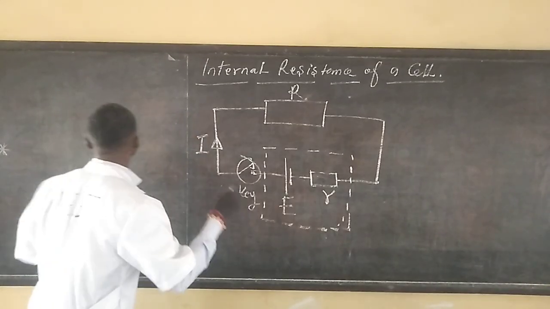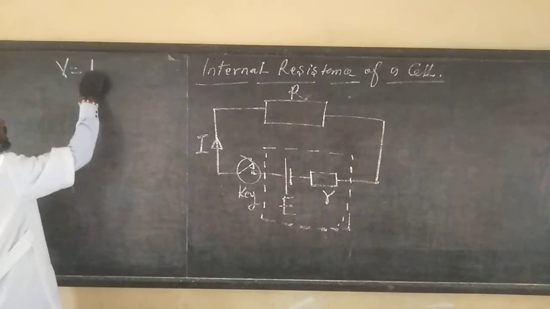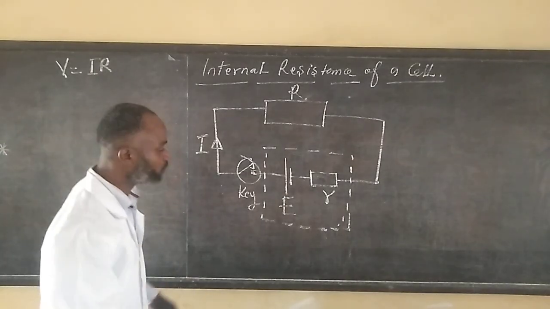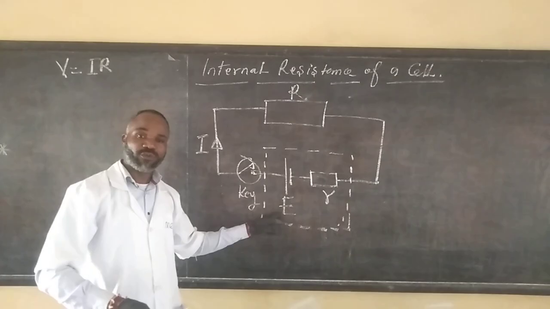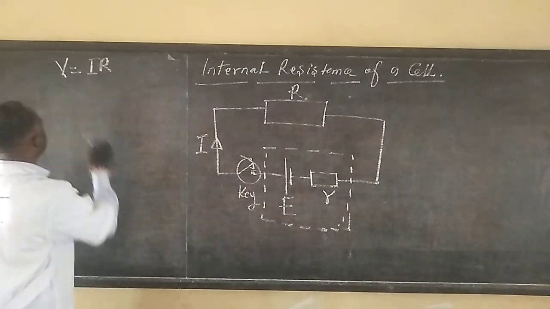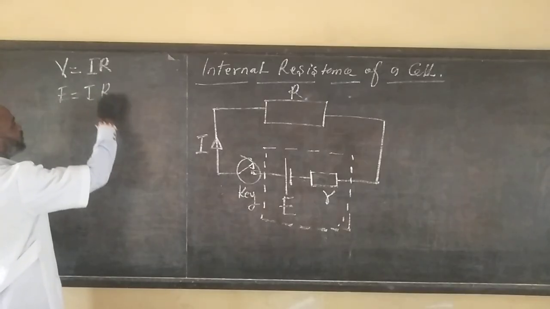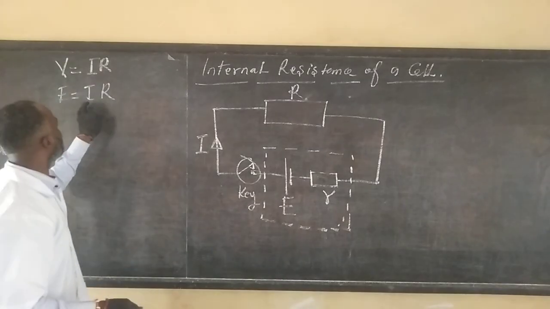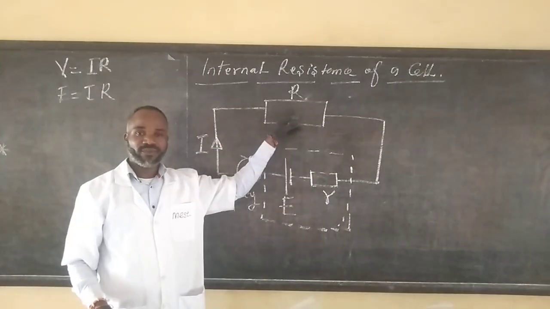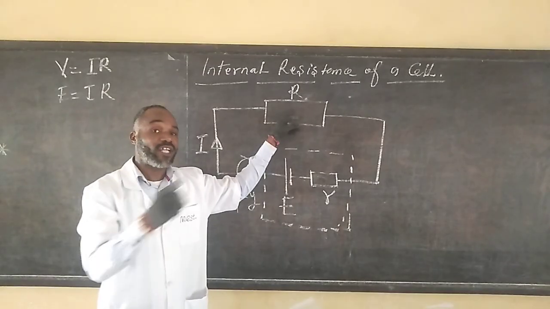So if we define Ohm's law to be V is equal to IR, okay? But because we're making use of E, the electromotive force of the cell, we can represent V with the letter E. And this goes I and then R. This is the potential difference across the external resistance or external load.